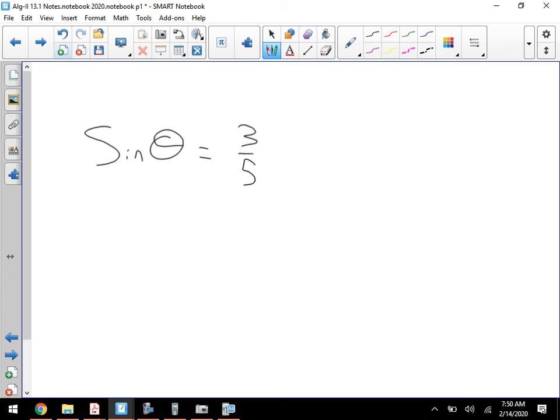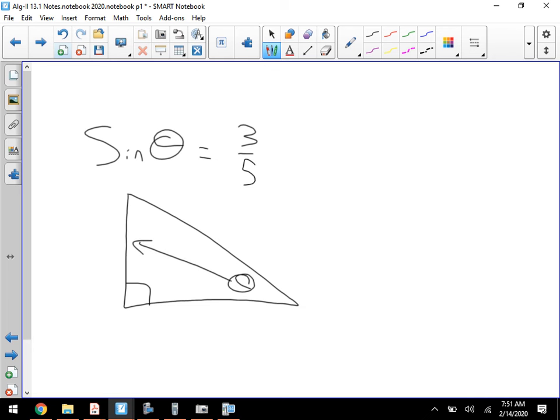A triangle, very good. What's the opposite? 3, and what's the hypotenuse? 5. Okay, so if I draw it like this, does it matter where I put theta, honestly? Could we just say, not drawn to scale? Obviously this side looks shorter than that one, but whatever. So I place theta here. This is my opposite, which means this is 3. This is my hypotenuse. Okay, what's missing? Jason, what is it? 4.